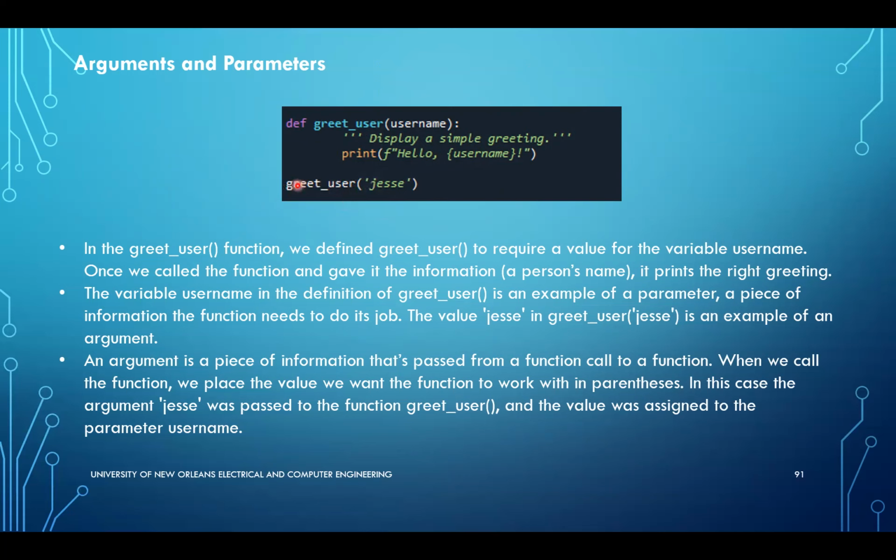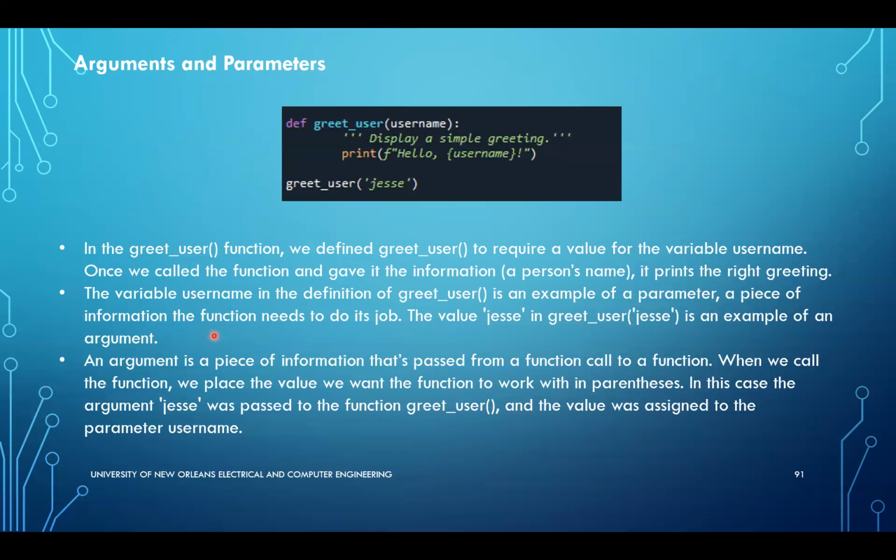If it's not clear, in the greet_user function, we define greet_user to require a value for the variable username. Once we call the function and give it the information, which in this case will be a person's name, it's going to print the greeting. It's going to print the username. The variable username in the definition of the function is an example of a parameter.